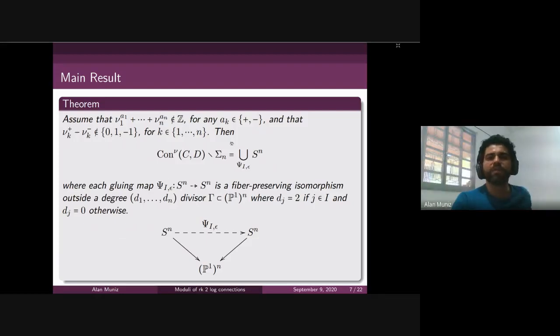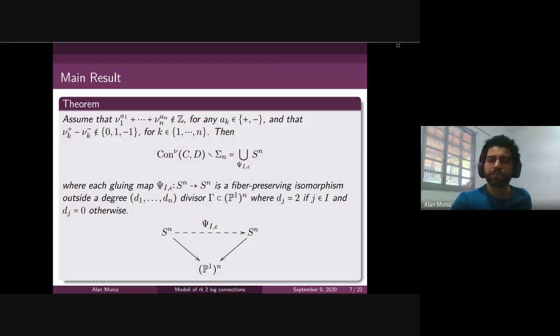So the theorem that I want to show you is that after the description of the space as a union of subspaces that are easily described, we actually show that outside this Sigma_n, we can define this space as a gluing of many copies of this S^n.